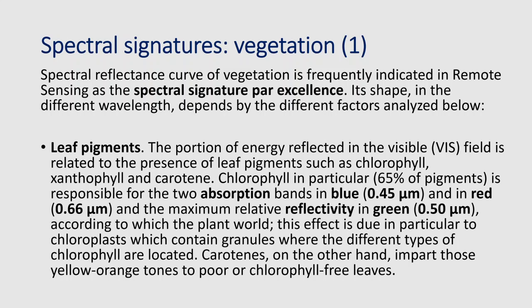And that could be, for example, what is happening in autumn when the leaves are falling for most of the vegetation, and before falling they become reddish because the chlorophyll is not absorbing the red part of the spectrum anymore.